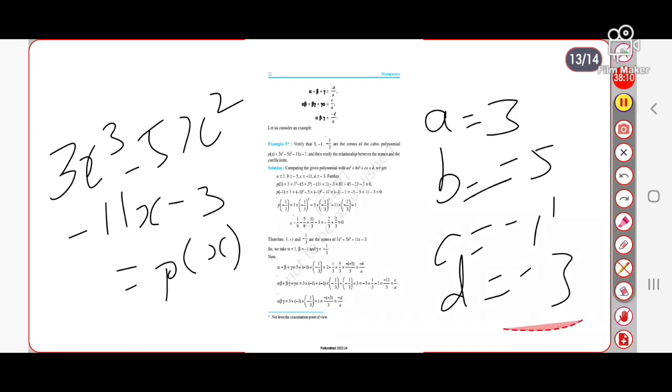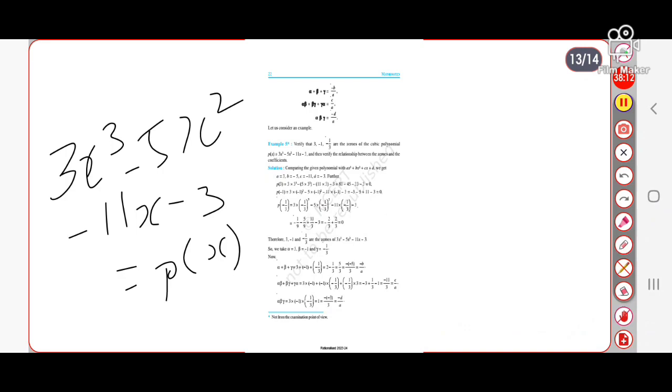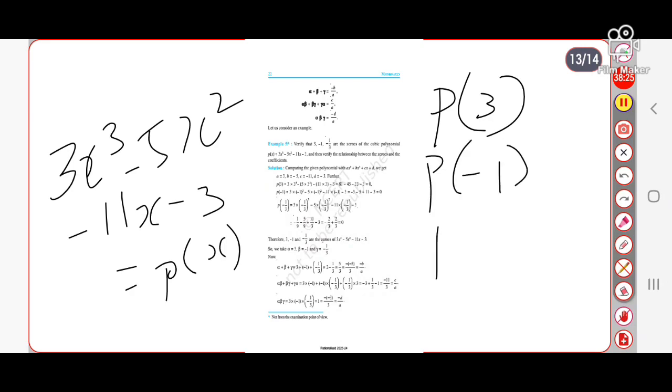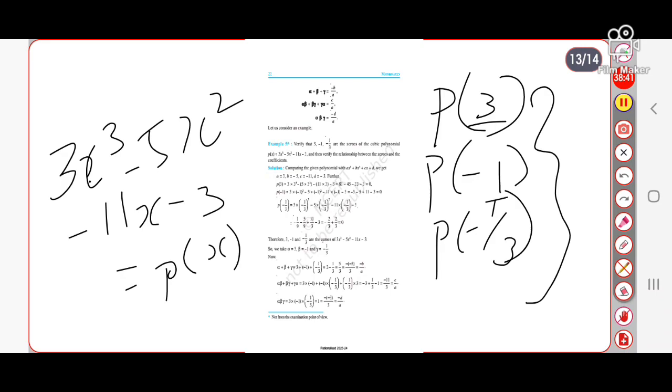Right, now again applying the formula. Before applying the formula, what we have to find is the value of p of 3, p of minus 1, p of minus 1 by 3, because to verify or to cross check with the result which we are obtaining. Okay, they are asking us to verify whether these are zeros. So we need to substitute these 3 in the x value, this minus 1 again in the x value, this minus 1 by 3 again in the x value, right?